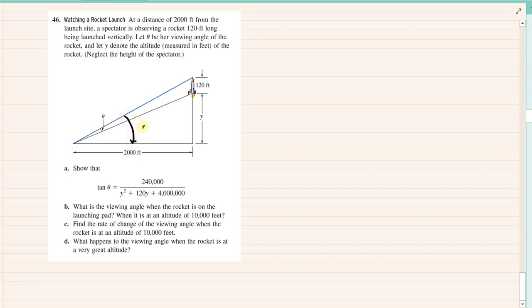So for this one, we can say that if this is angle alpha and this is the measure of angle beta, therefore angle theta here is simply alpha minus beta, right? And then we actually have an identity for tangent of alpha minus beta, which would be tan theta. So let me write tan theta, that's what we want to show. That's going to be tangent of alpha minus beta.